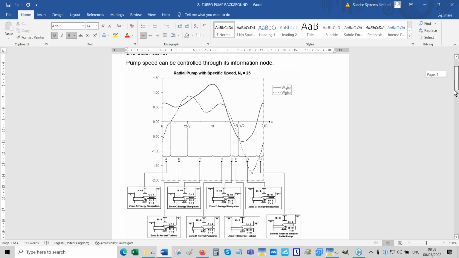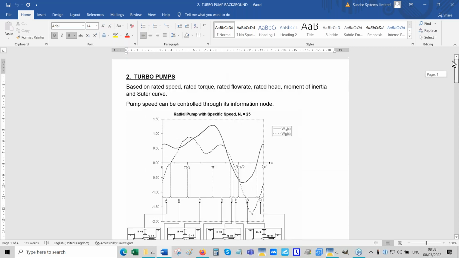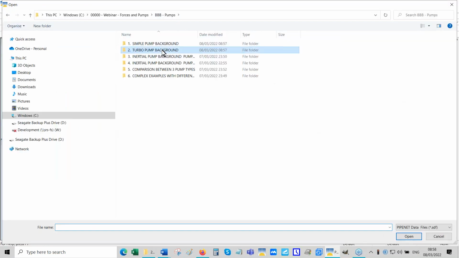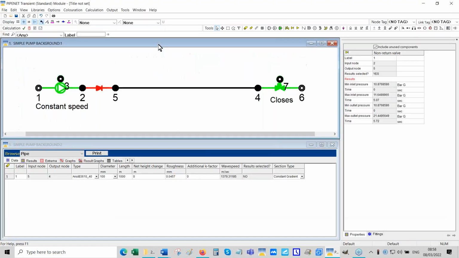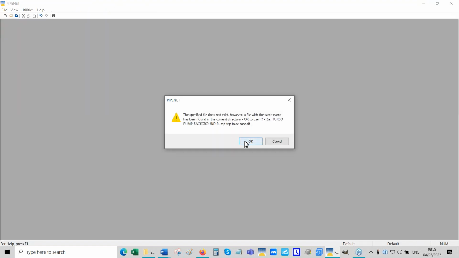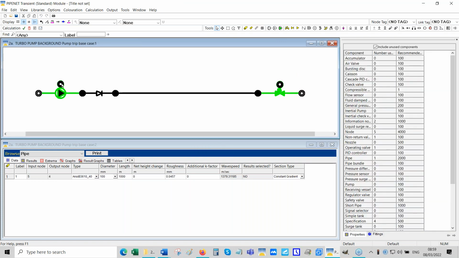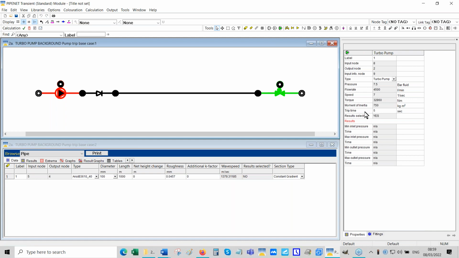You know, it's a very classic situation where, we can actually open the turbo pump case. See what happens. You click on that. See the turbo pump. Do you know what I mentioned to you? This is the best model to use, the most accurate model to use if this is a trip of the pump.